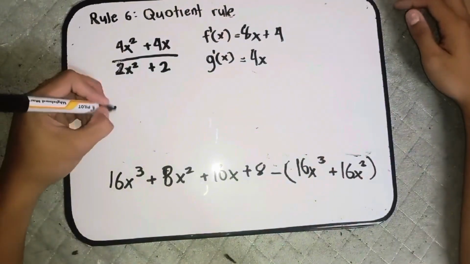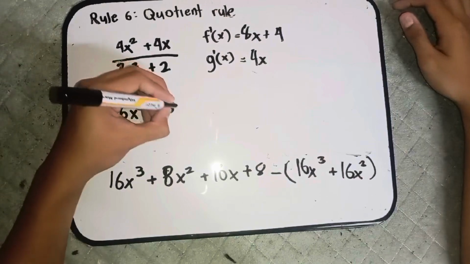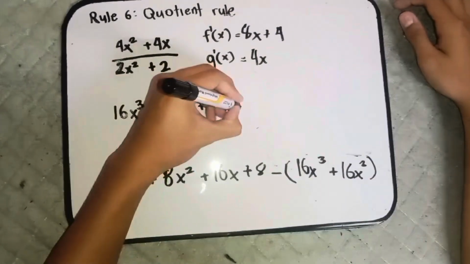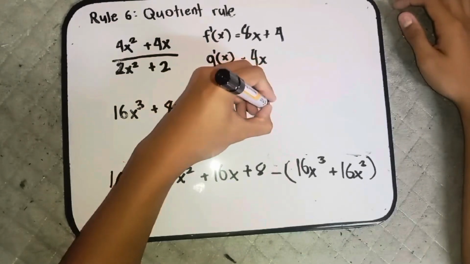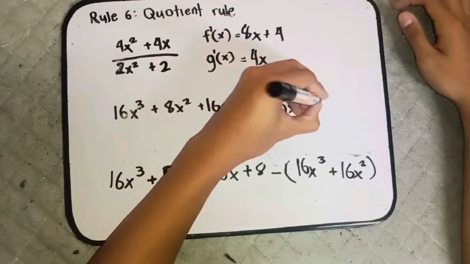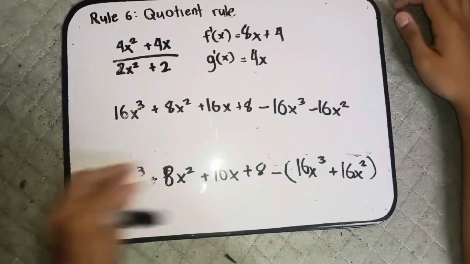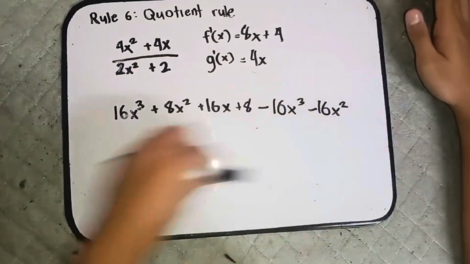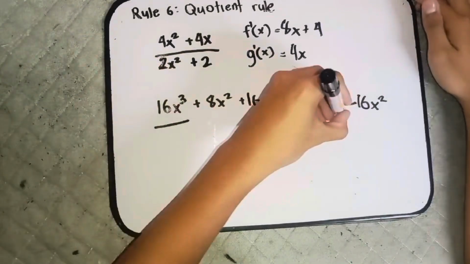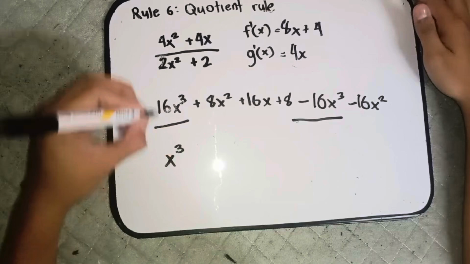First, let's copy all the numbers that are on the left side. Now the negative numbers on the right side. Now let's add all the like terms. 16x raised to 3 minus 16x raised to 3 is equal to 0.